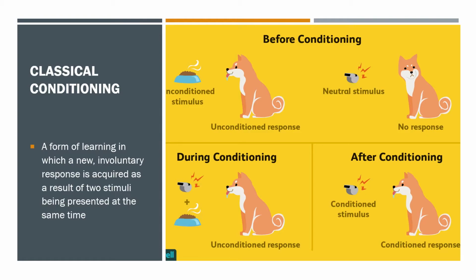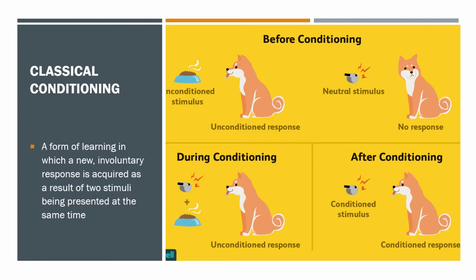Once you present food to a dog, the dog starts responding. We call it the unconditioned response. The response is that the dog salivates. Without presenting the food to the dog, if we blow a whistle, the dog doesn't show any response.